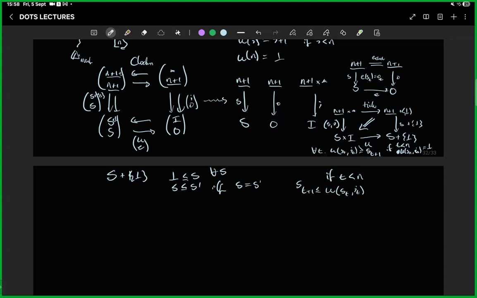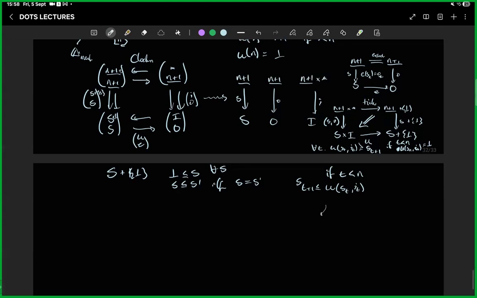There's only sort of two cases here. But if t equals n, then we know that this here is bot, and then we want that to be on this side. And that doesn't say anything at all, because of this definition of less than or equal to.